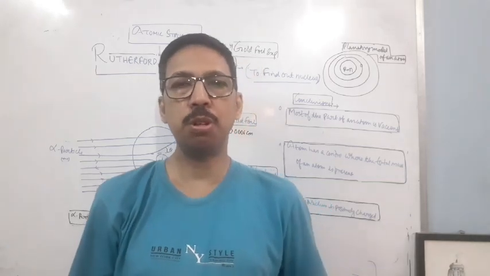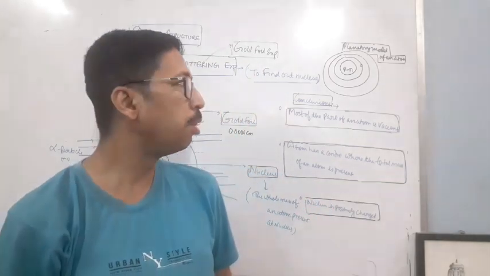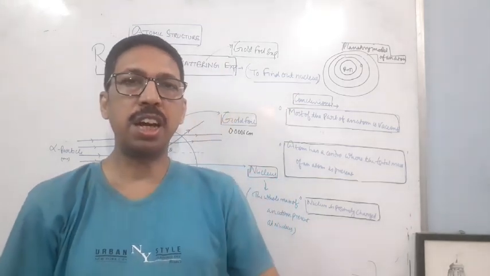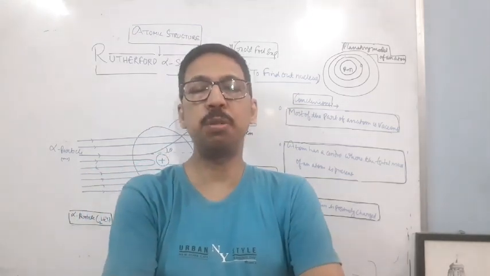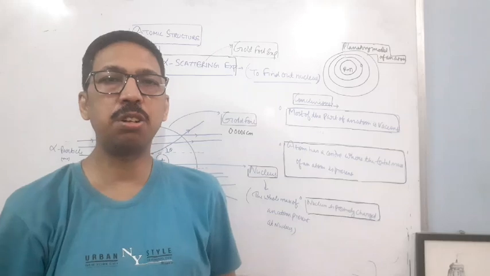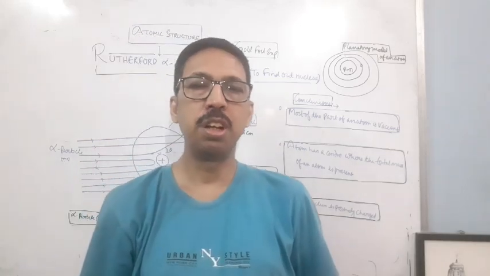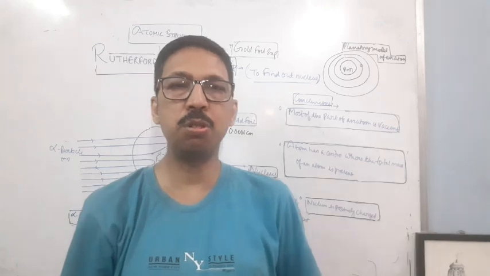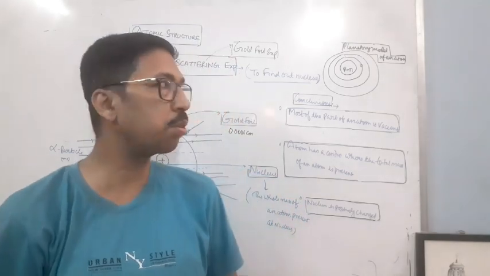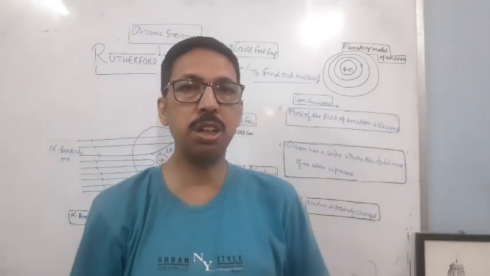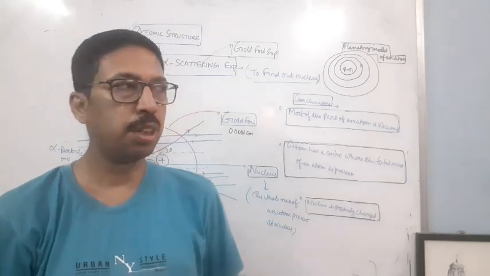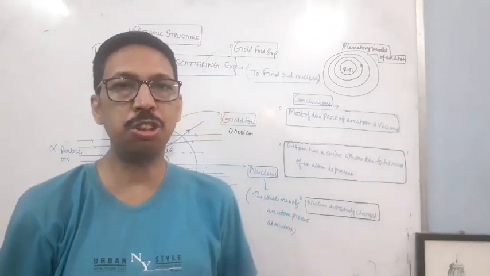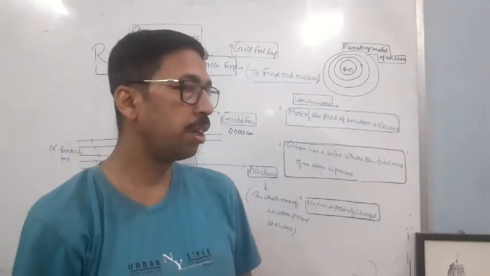At the nucleus, protons and neutrons are present, which are collectively known as nucleons, and around the nucleus in different circular paths, electrons are revolving. It is just like planets moving around the sun, and therefore it is also known as the planetary model of an atom. And the last one, the atom as a whole is neutral in nature.